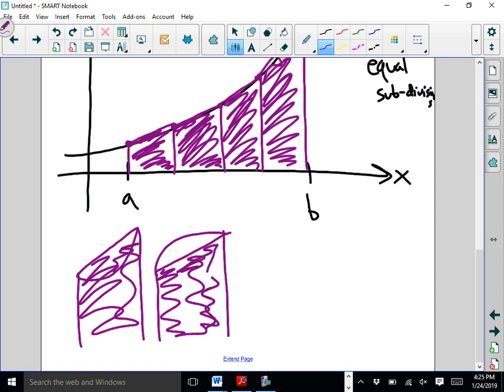So, if f double prime is greater than 0, if we're concave up, our trapezoidal sum is an overestimate. If f double prime is less than 0, my trapezoidal sum is an underestimate.